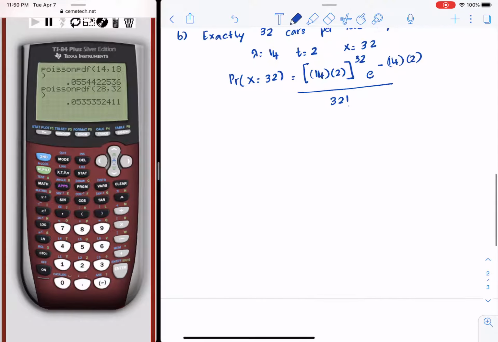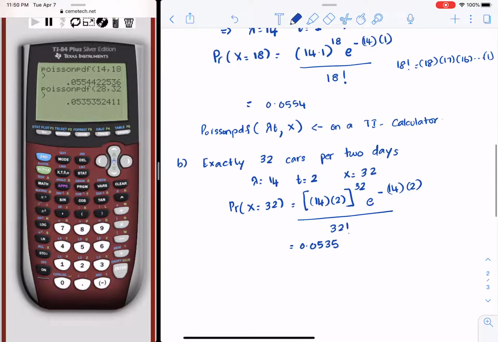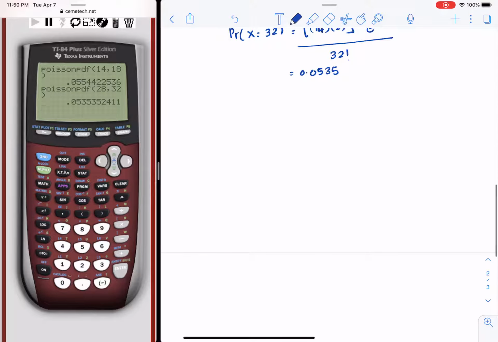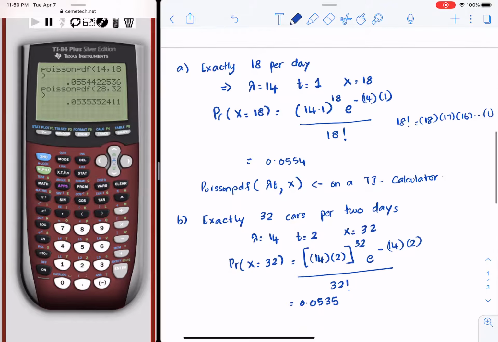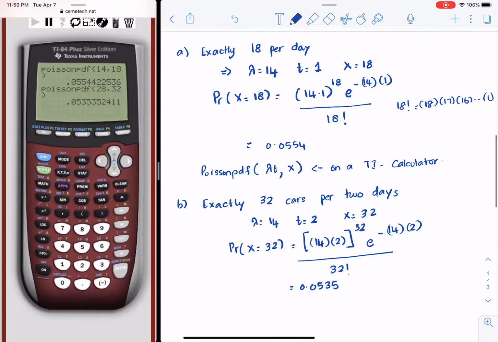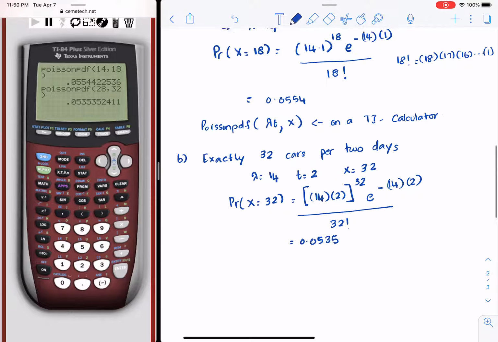And that probability is 0.0535. It sort of makes sense, because 32 is very close to 36, and 2 times 18 is 36. So we're pretty much finding the same probability as part A.